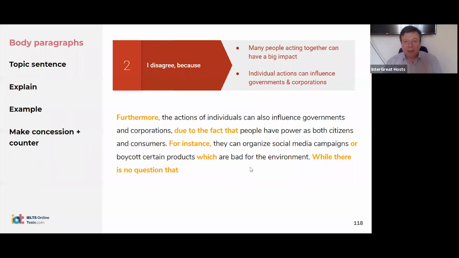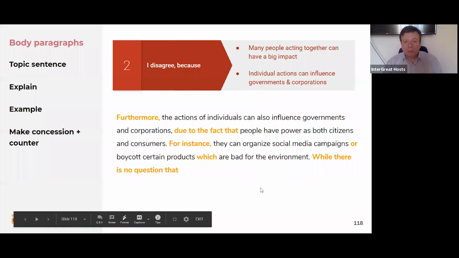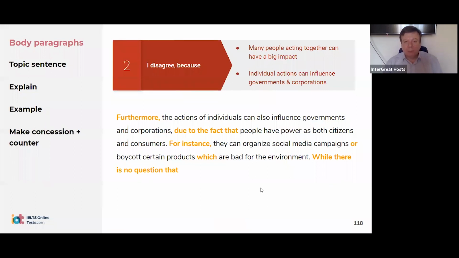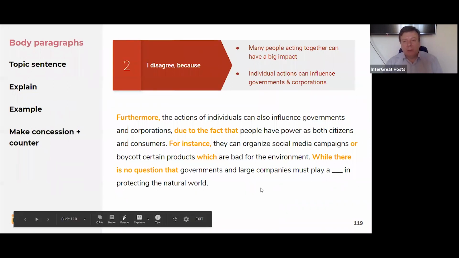There's no question that governments and large companies must play a, yeah, that would work.